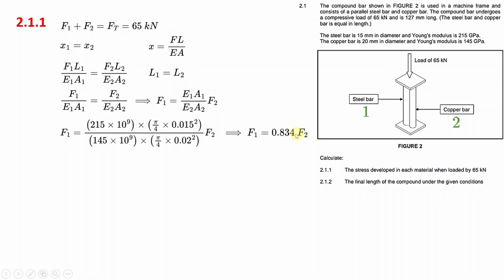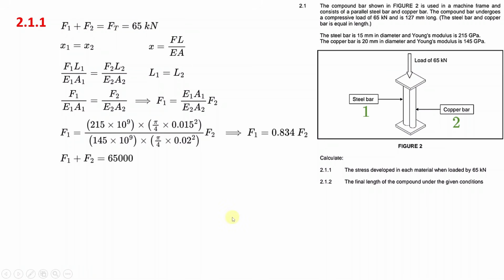Why is this important? It's because this will help us to solve for the forces F1 and F2 that are acting inside of each of these bars. And so now that we know the relationship between F1 and F2, and we know also that F1 plus F2 is equal to 65,000 newtons.